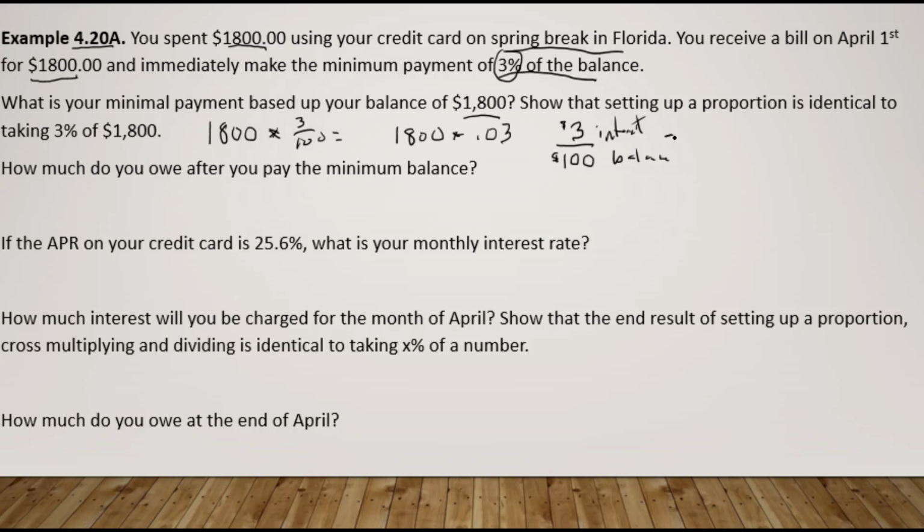And that's proportional to, you don't know how much interest on $1,800 balance. I'll just put a B. So in this case, you would cross multiply and divide.